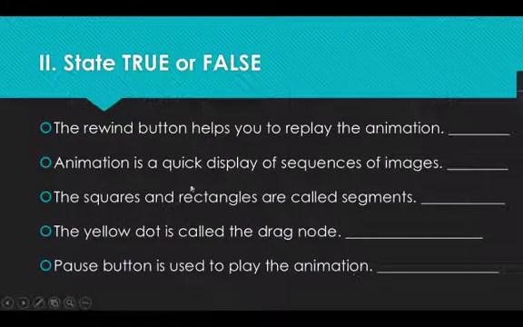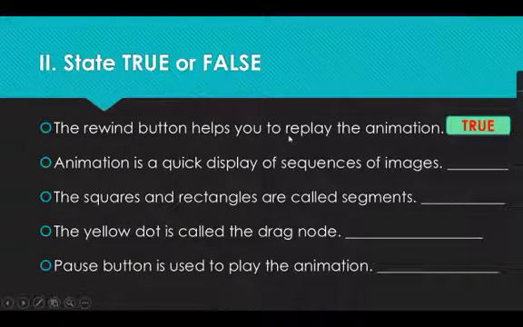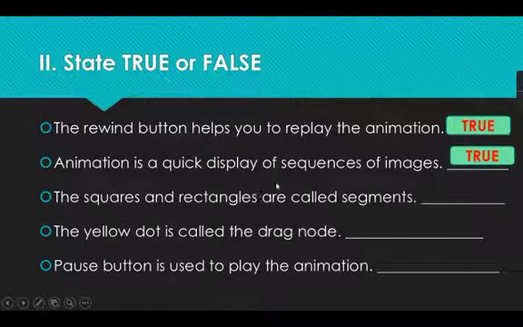True or false? The rewind button helps you to replay the animation. True. Animation is a quick display of sequence of images. True. The squares and rectangles are called segments. False. The yellow dot is called the drag node.